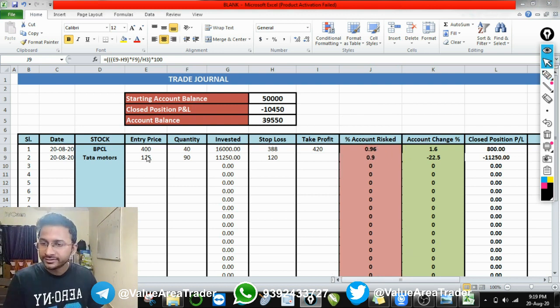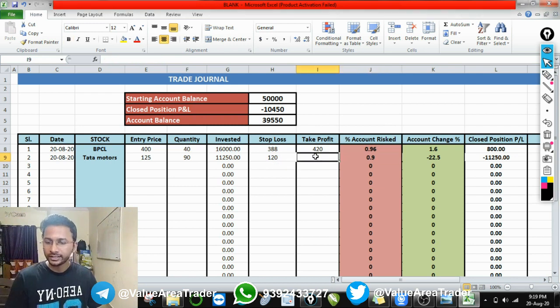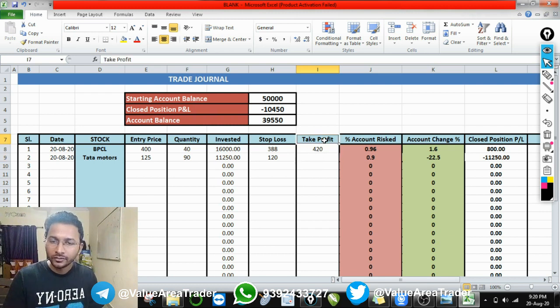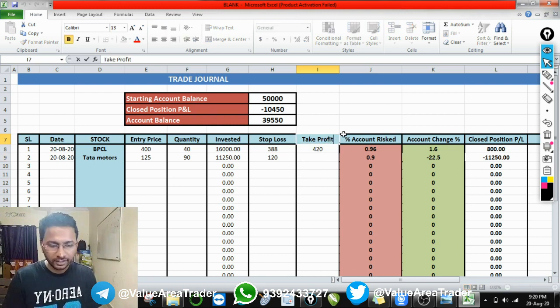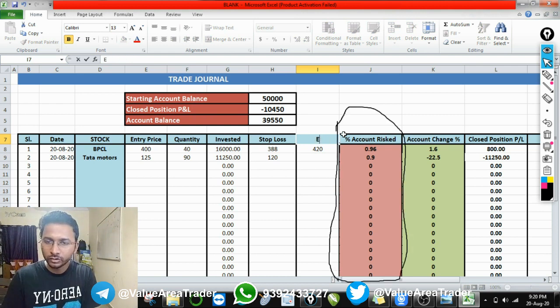And let's say this hits your stop loss, 120. So I'll just put 120 at the take profit level. Let's say it hits my stop loss, that means you will exit at 120. So this is not the take profit level, I'll write it as exit level so that you don't get confused.